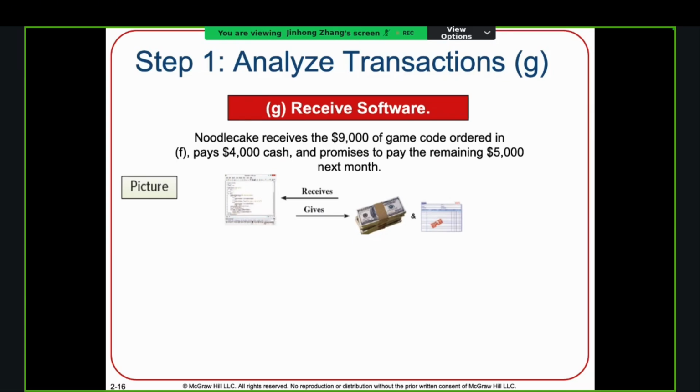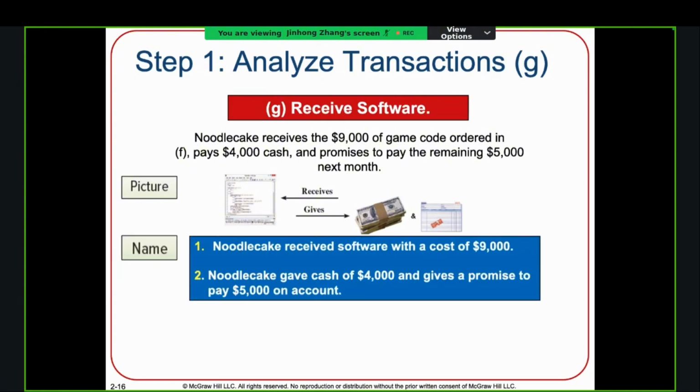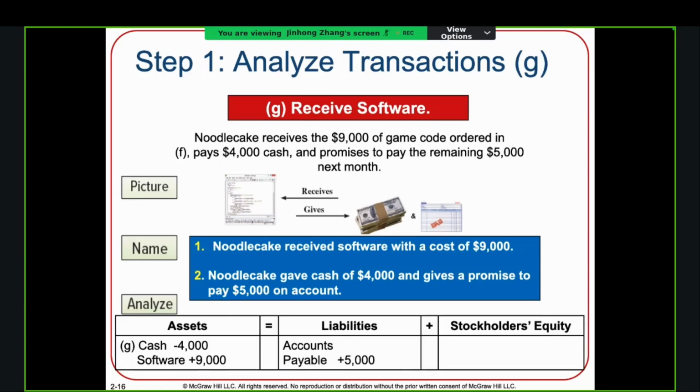Right, make sense? A little bit complex, but the reality is the same. So still, 9,000 equals 4,000 plus 5,000 basically. So in the asset section, cash less $4,000, software increase $9,000, and accounts payable is $5,000, right?